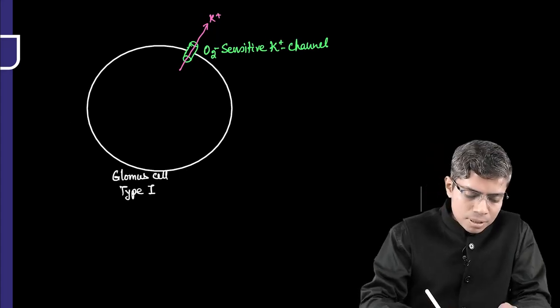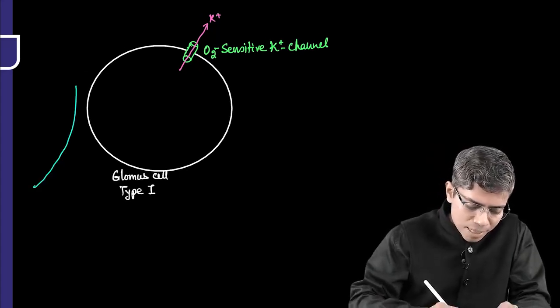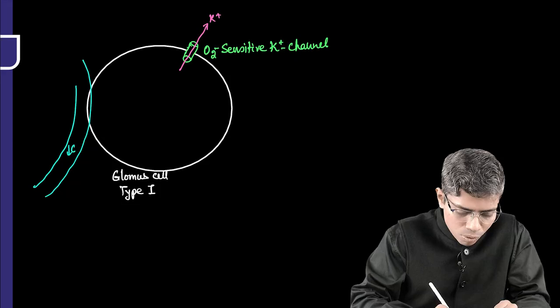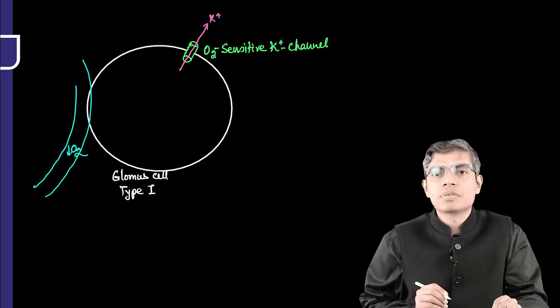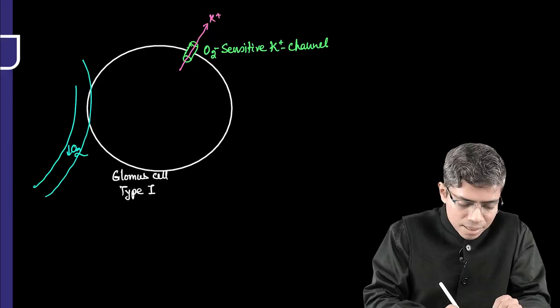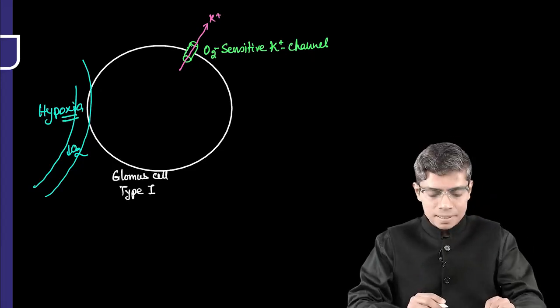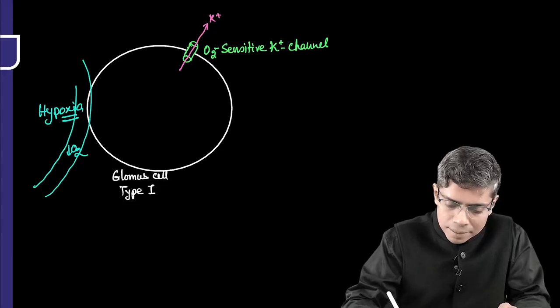Now suppose the arterial blood supplying this glomus cell has low oxygen tension, hypoxia. What is going to happen?